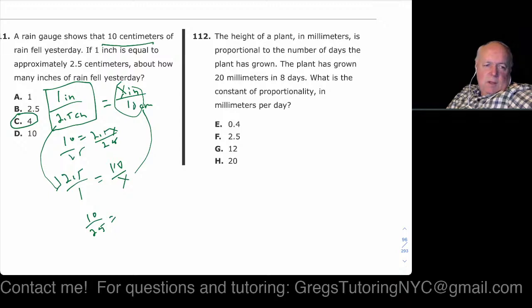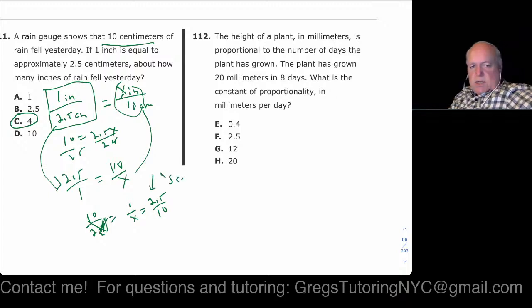We could have done 1 is to x as 2.5 is to 10, right? 1 inch is to x inches as 2.5 centimeters is to 10 centimeters. So this also is a question of scale then. Basically, the ratio is our scale factor. So that's another way to look at that. All right, so awesome.